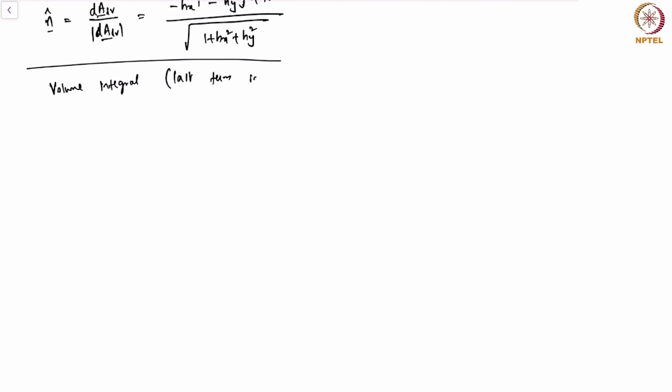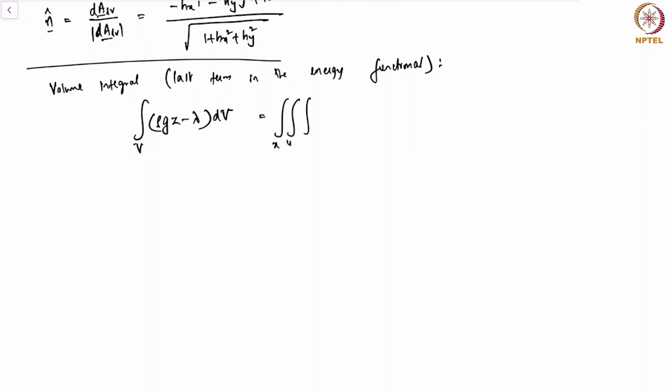The last term in the energy functional. Let me write down that term. What is it? We have the integral over the volume of rho g z minus lambda dv. This is nothing but separate integrals over x, y, z of rho g z minus lambda dx dy dz.